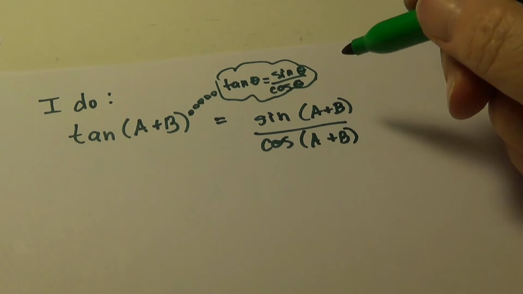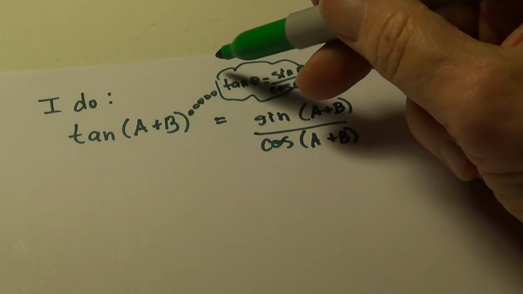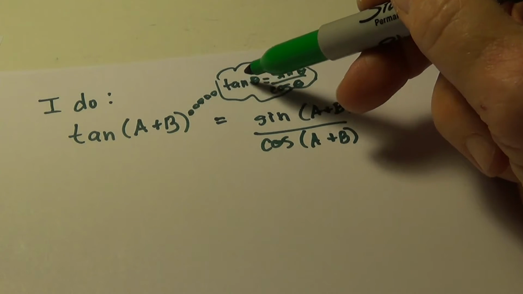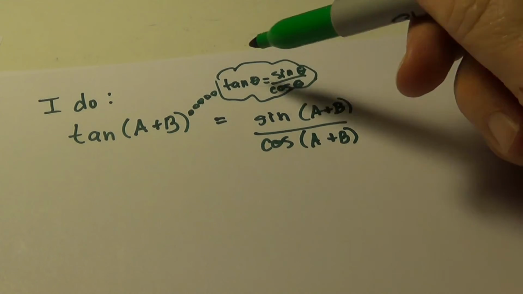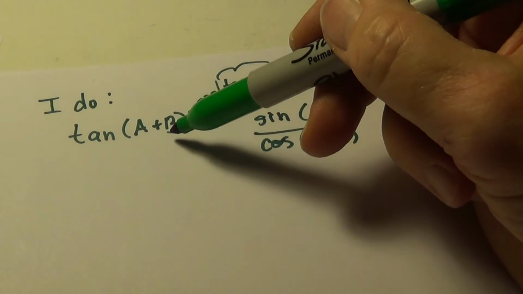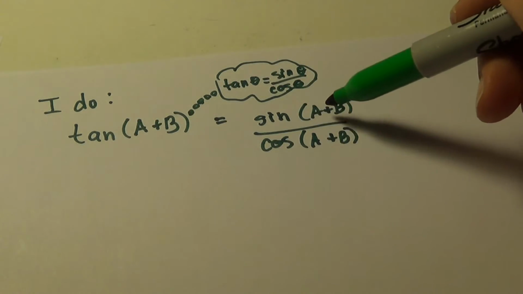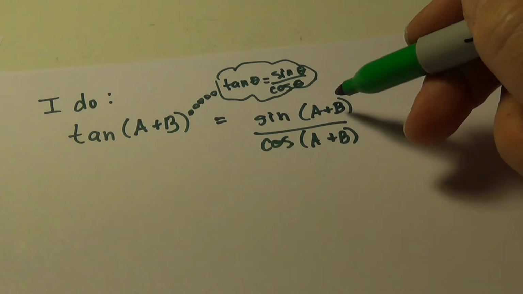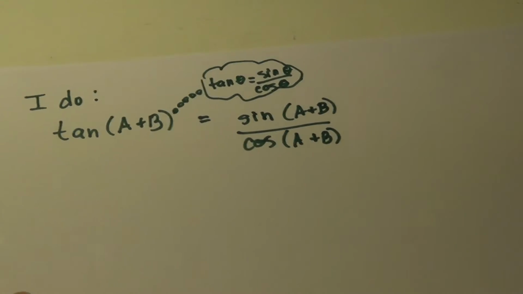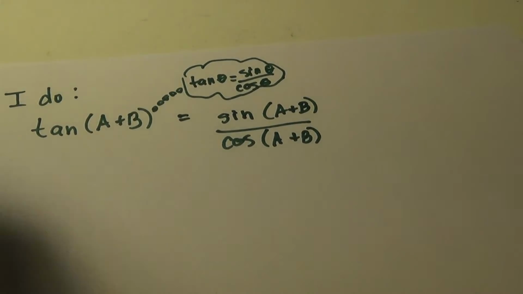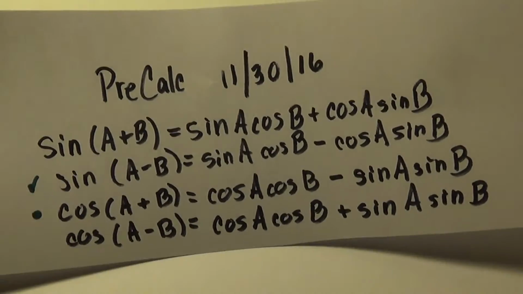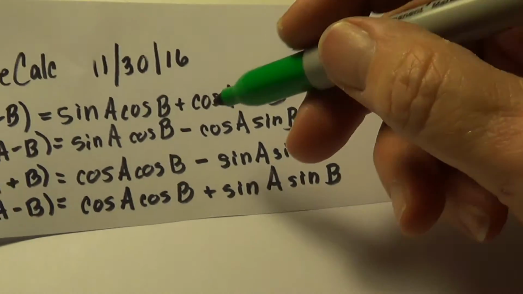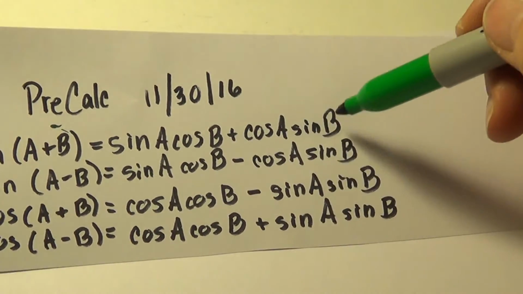So what did I just do? I used Dan's relationship here where he noticed or remembered that tangent is sine over cosine. So tangent of this is sine of this over cosine of this. But these two I know because they are on my list. So looking at my list, I can replace sine of A plus B with this expression.